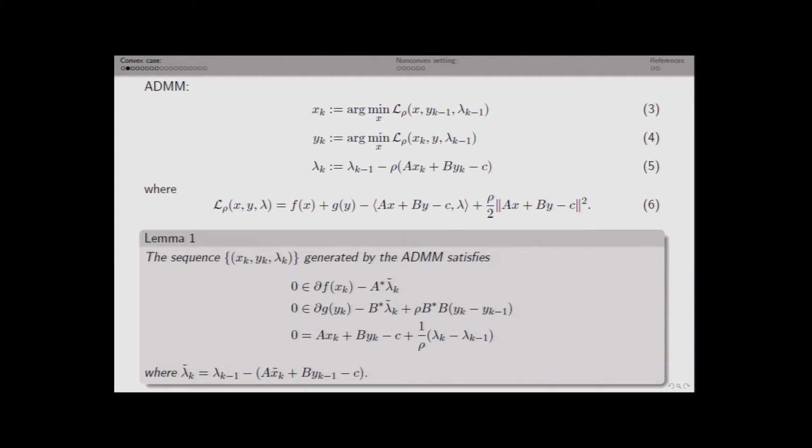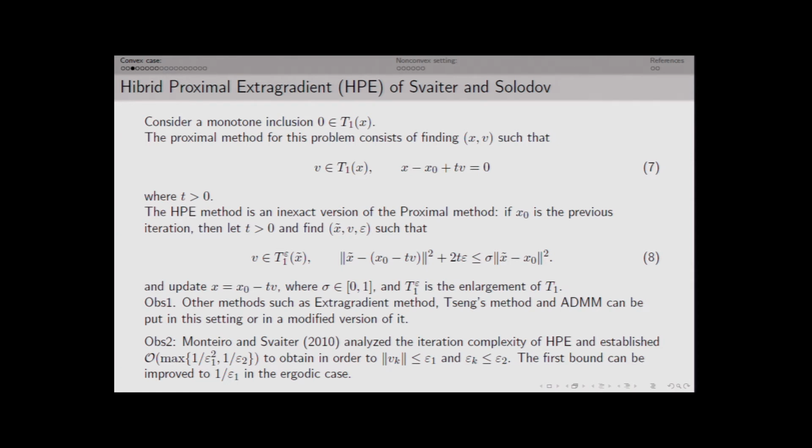We can see that there are some proximal terms appearing here. Of course, they may be degenerate proximal terms, because I'm not saying that this B star B is an invertible operator.